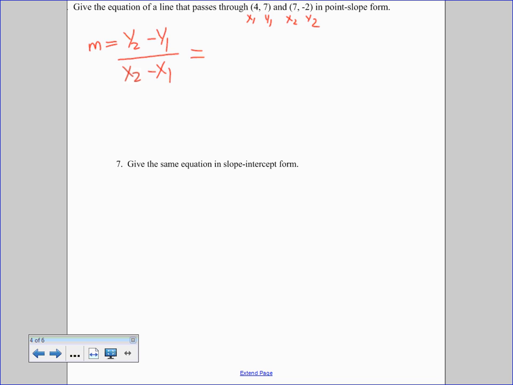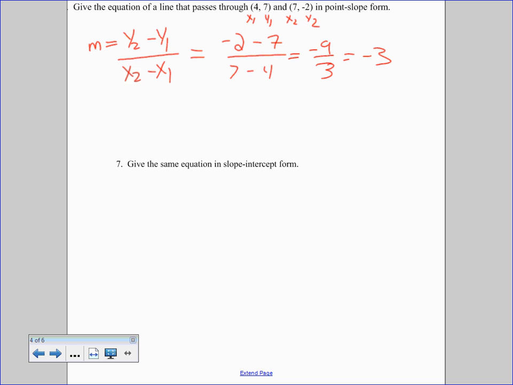So slope is going to be -2 minus 7 over 7 minus 4. And we'll get -9 over 3, or -3 is our slope.